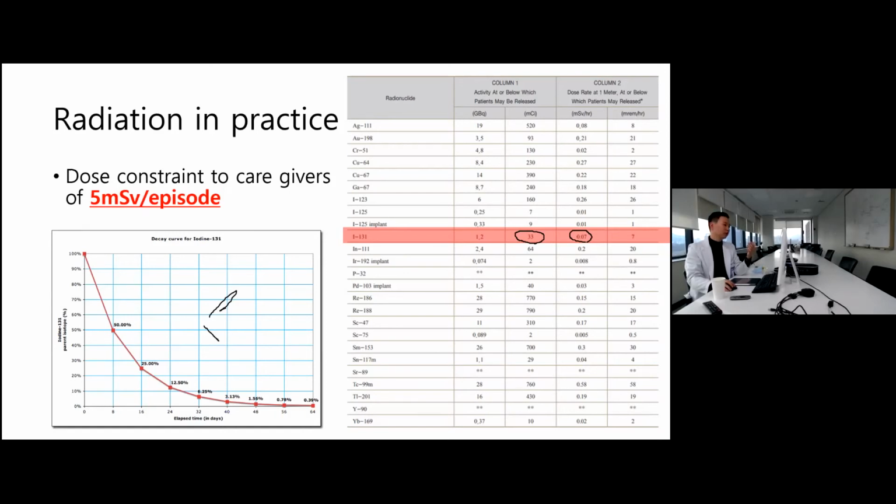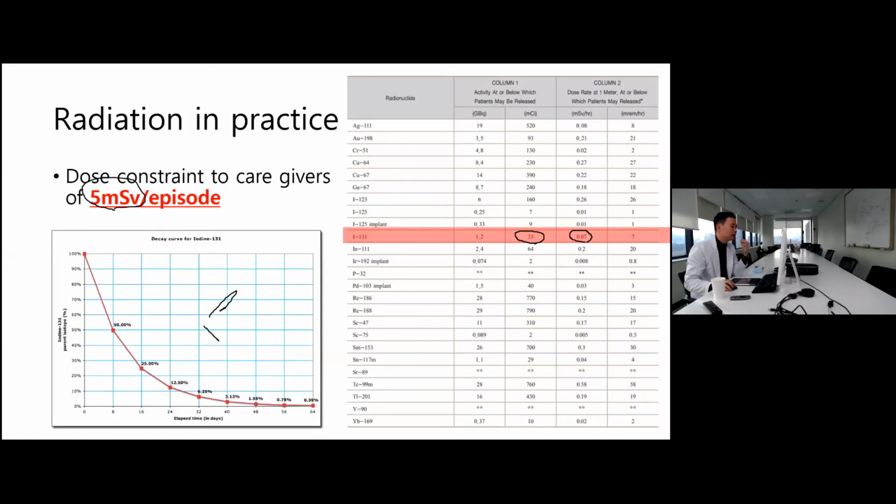So theoretically, people next to you should have a dose from you lower than 5 millisievert for infinite time. Then how can we calculate this?